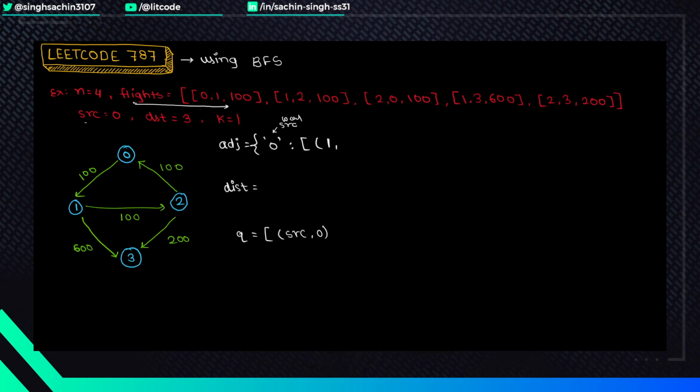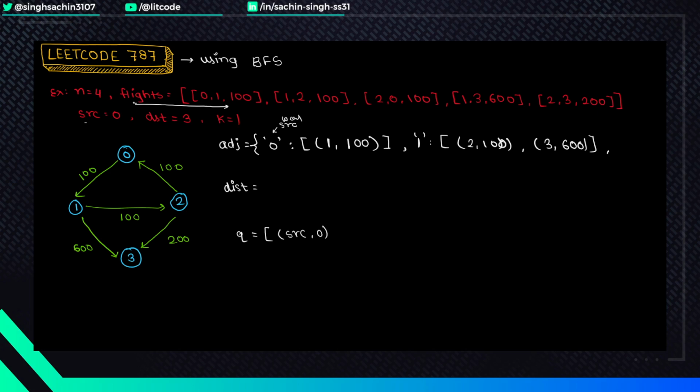For example, from 0 I can reach 1 with price 100. There is no other, right? Similarly, we have 1, and we can reach 2 with 100, and 3 with price 600.